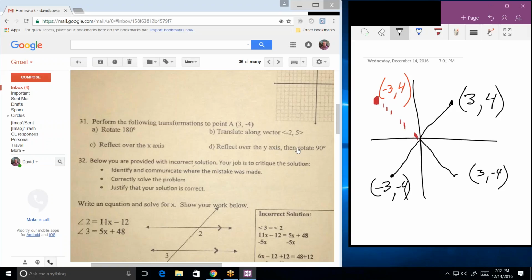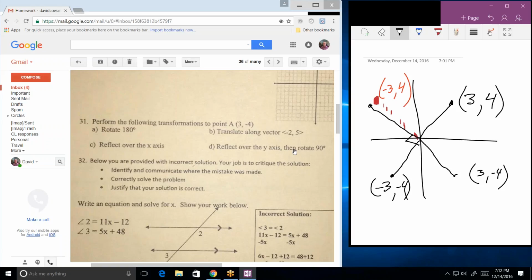But the 90-degree rotation, I basically take this point and I rotate that line. If it's 90 degrees clockwise, I'm going to make sure that that's a right angle.